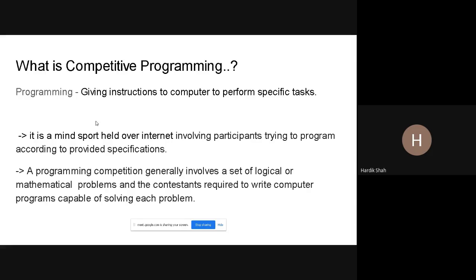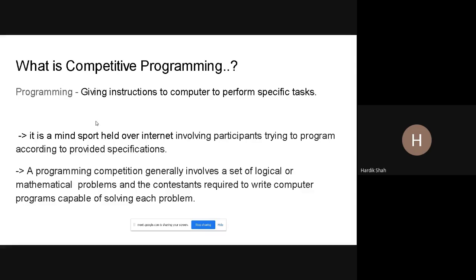Now, competitive programming is a mind sport held over the internet involving participants trying to program according to provided specifications. If you have ever done competitive programming, you might know there are a lot of specifications: for your inputs, for your outputs, there are constraints everywhere.